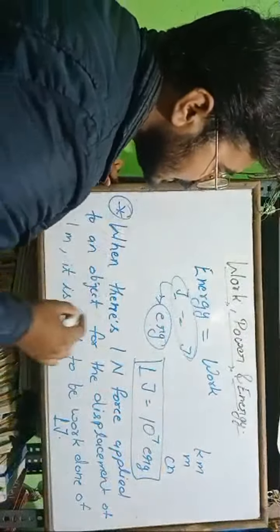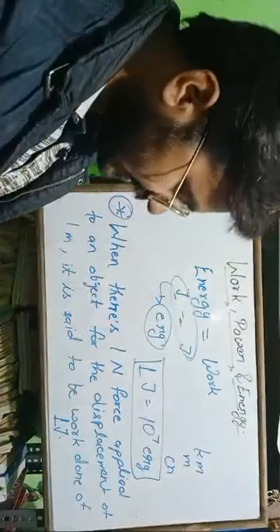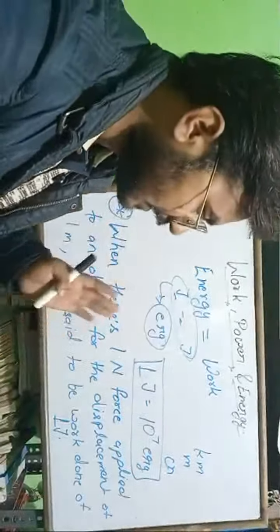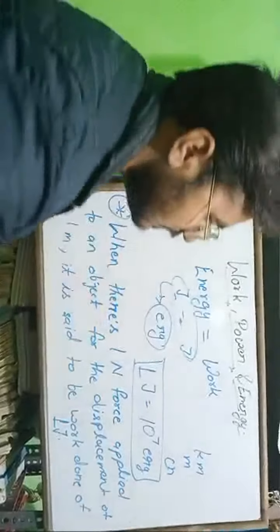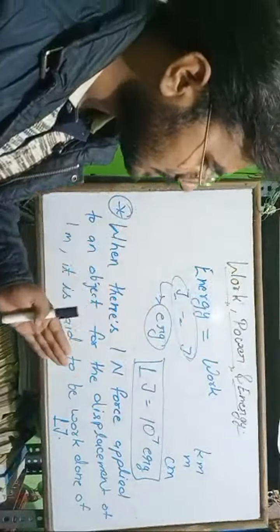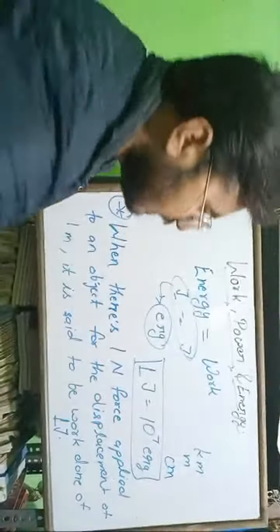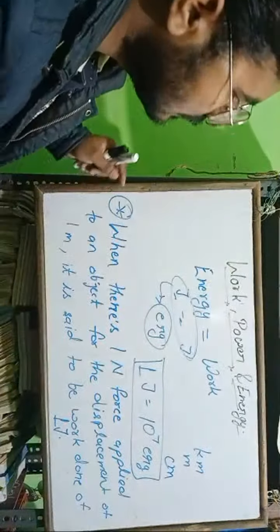So these are the SI units of energy and work. I hope these 2 points will be clear to all of you. If you have any doubt, you can comment it in the comment box, and I will clear it. Then after we'll move to the third, that is power.